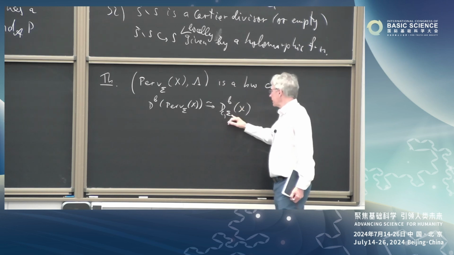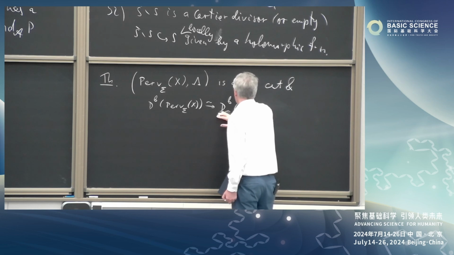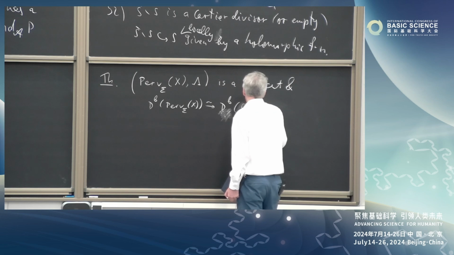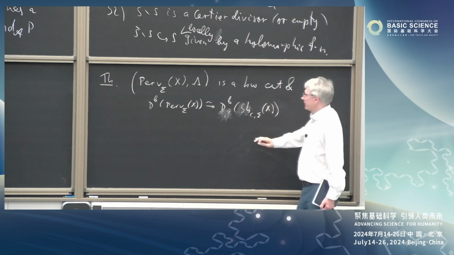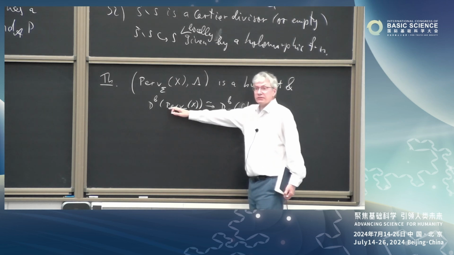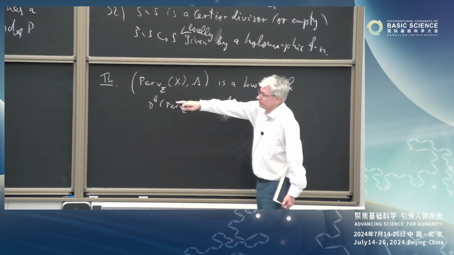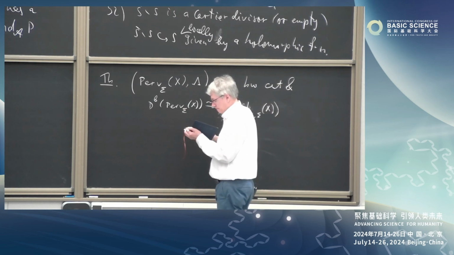So you can consider sheaves constructible with respect to a given stratification. These are sheaves of finite-dimensional vector spaces, but these are perverse sheaves. These are actually complexes of sheaves which you get under that equivalence of the Riemann-Hilbert correspondence.